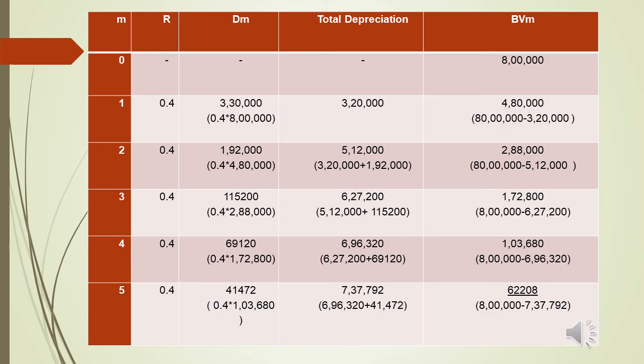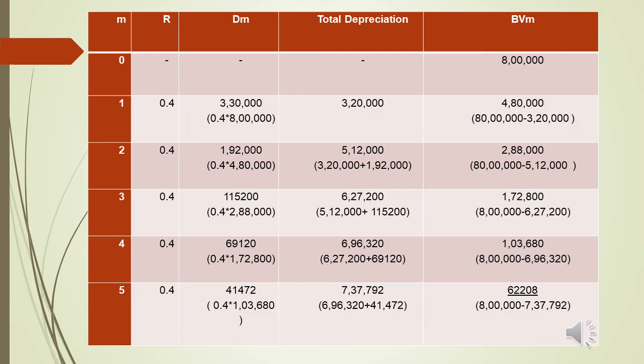Now you have to make tabular columns. The first column, as usual, you write years, from 0 to 5: 0, 1, 2, 3, 4, 5. For DM and total depreciation, write a dash for now, and BVM is already given as 8 lakhs, so write BVM of year 0 as 8 lakhs.